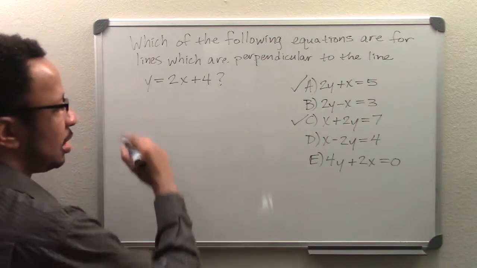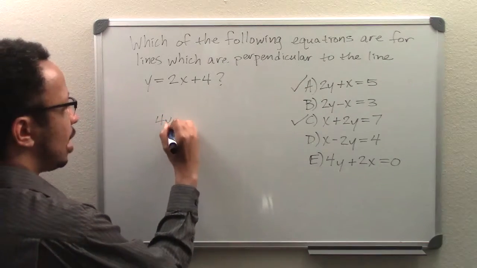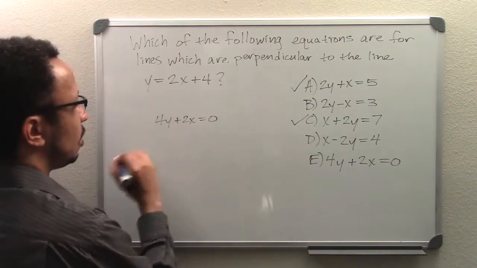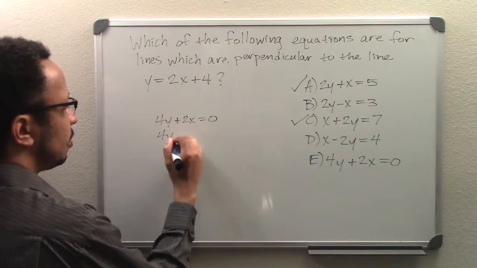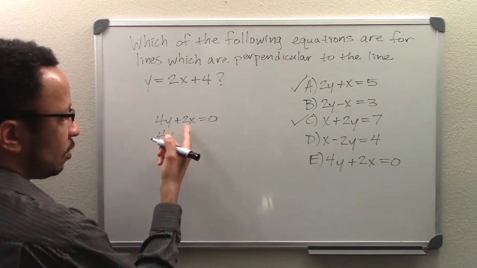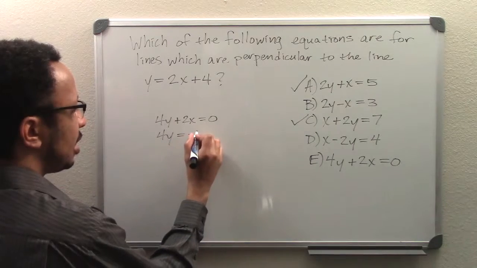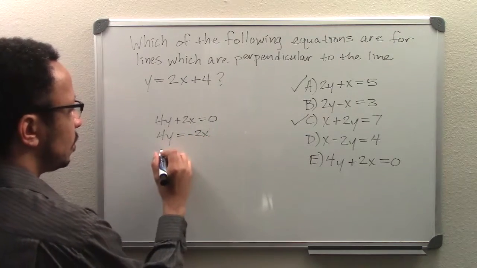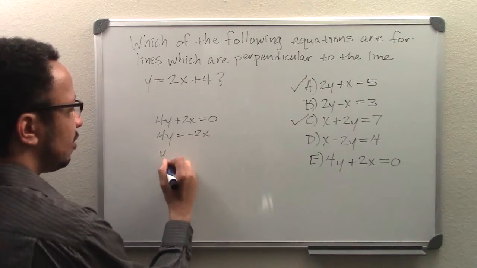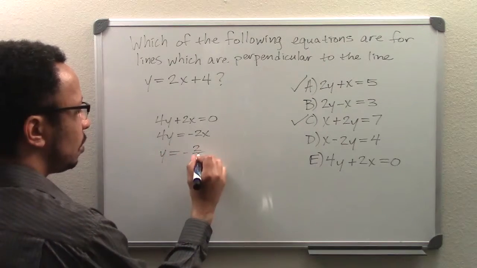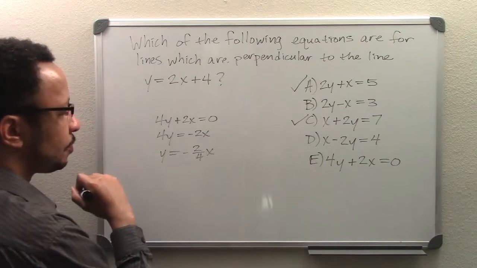Next, we have E. 4y plus 2x equals 0. Bring the 2x over to the right hand side, and we have negative 2x. Then we divide out 4, we have y equals negative 2 over 4x.